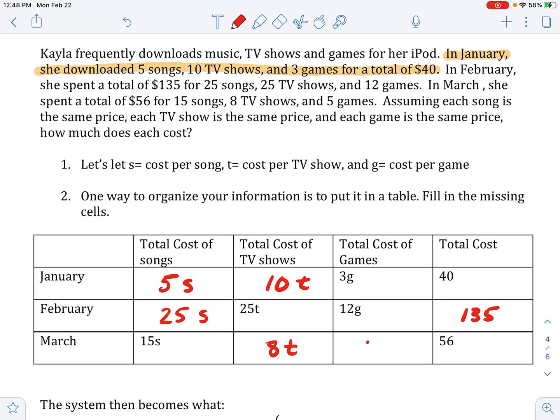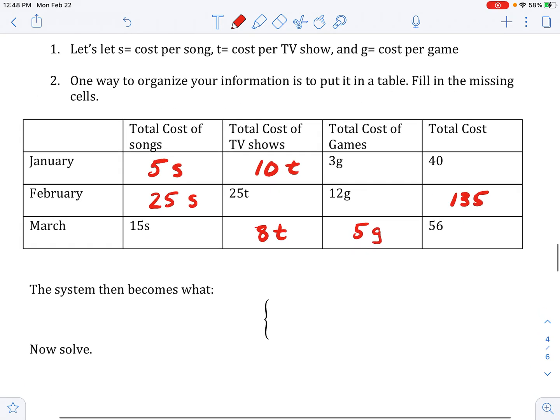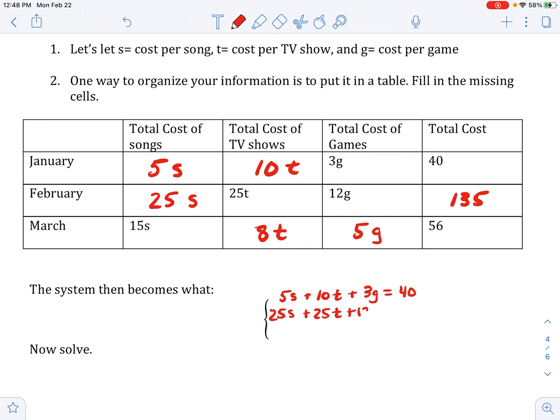All right, so what does the system look like now that we have our information filled in? 5S plus 10T plus 3G equals 40. 25S plus 25T plus 12G equals 135, and 15S plus 8T plus 5G equals 56.